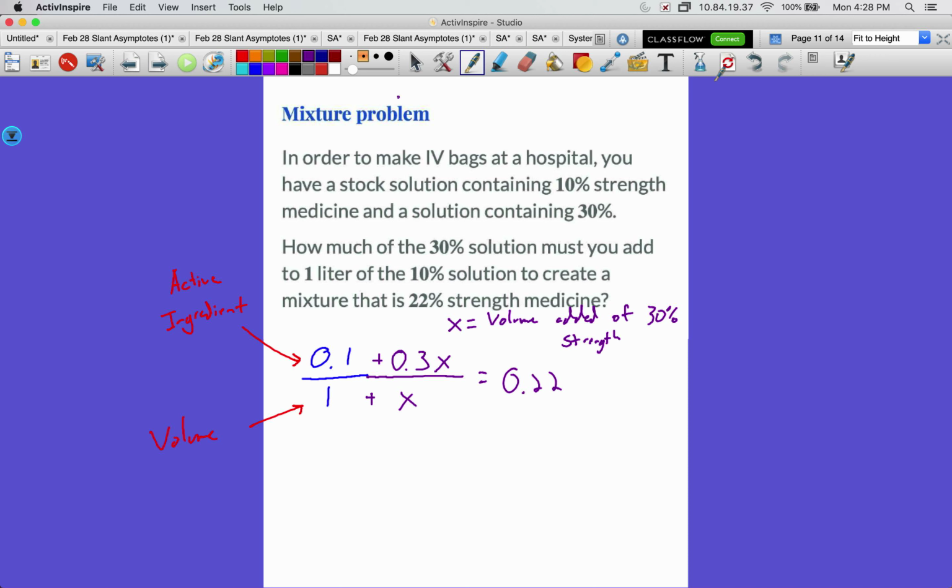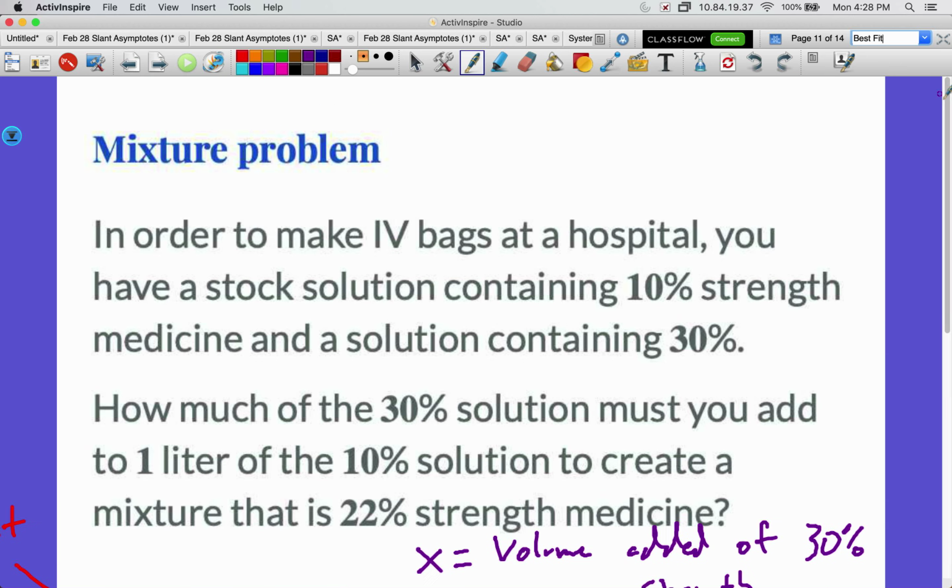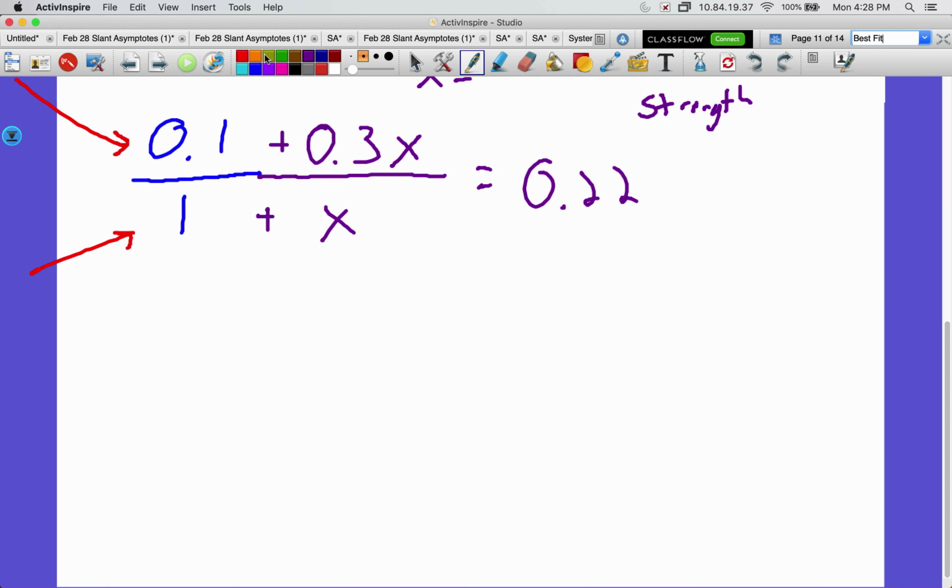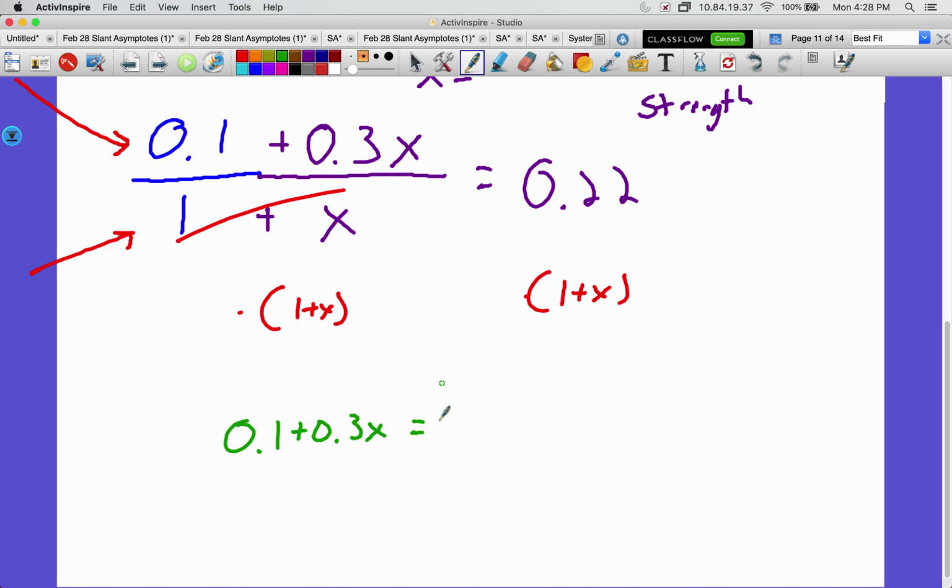And let's go ahead and solve this. So I'll multiply both sides by 1 plus x. That will cancel it on this side, and I get 0.1 plus 0.3x equals 0.22 times 1 plus x.